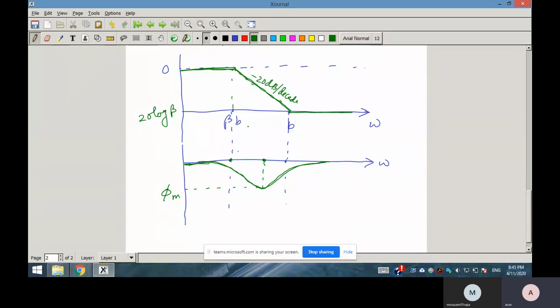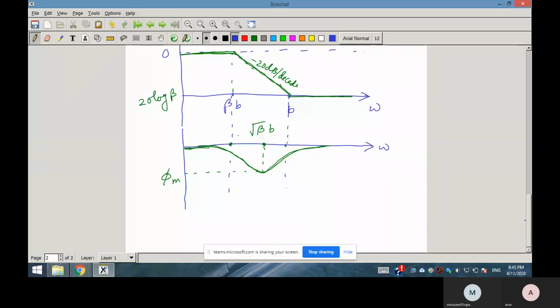The only difference is here beta is less than 1. So what we have got, omega m is b root beta.